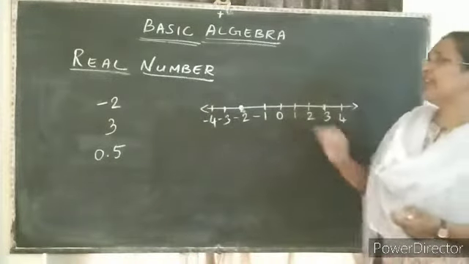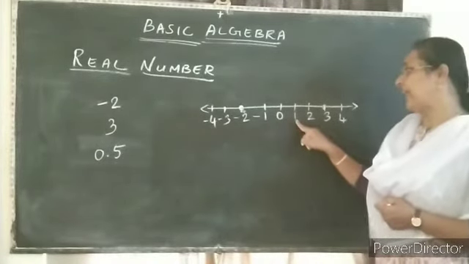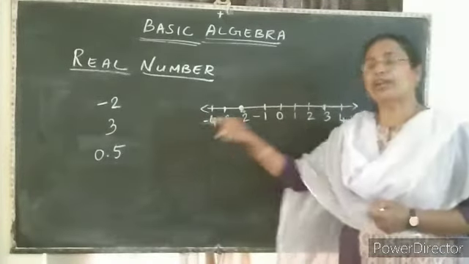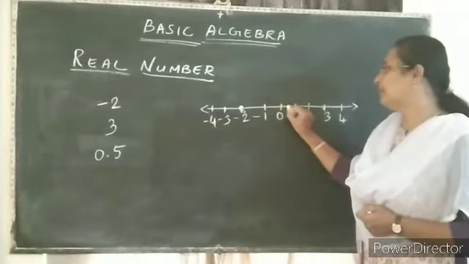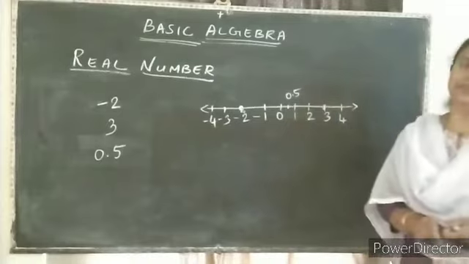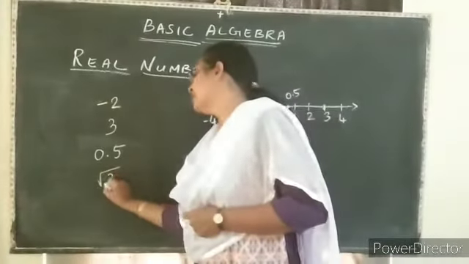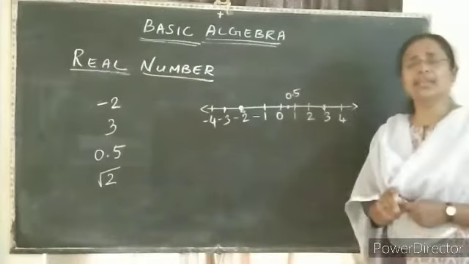So where will I get the point 0.5? The number between 0 and 1 will give you 0.5. So I can plot the point here. I can term it as 0.5. Yes or no? Now I am asking you to plot the point √2.